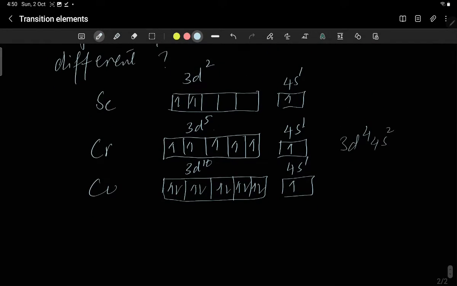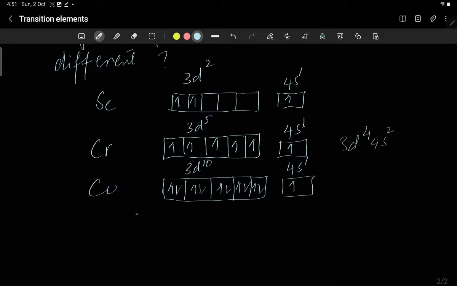Similarly, in the case of copper, likewise, copper completes its 3d orbitals at the expense of its 4s electrons to acquire the stable electronic configuration 3d10 4s1. It would appear that there is a special stability associated with the half-filled and completely filled orbitals.